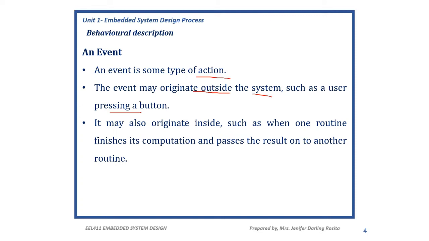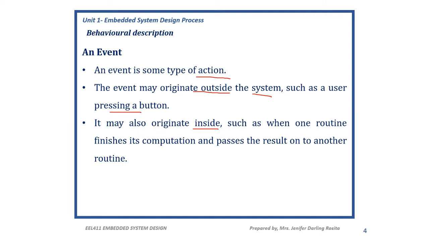The event may originate outside the system, such as a user pressing a button, or it may originate inside, such as when one routine finishes its computation and passes the result on to another routine. So the event can also run inside the system. When it happens inside the system, you have written many sets of program lines to control the microcontroller, right?